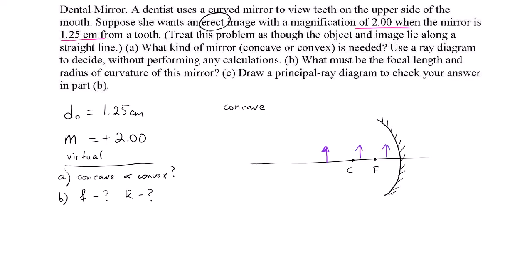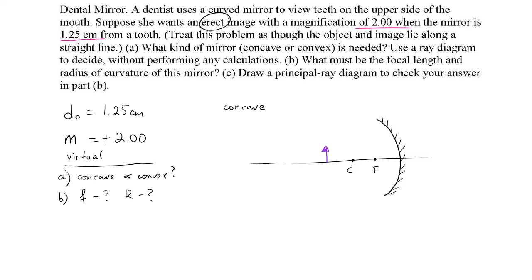Well, let's do diagrams for each of them. So let's start with the first one, where the object is further away than the center of the curvature. Then we need at least 2 rays.